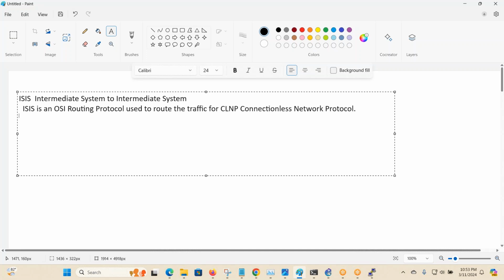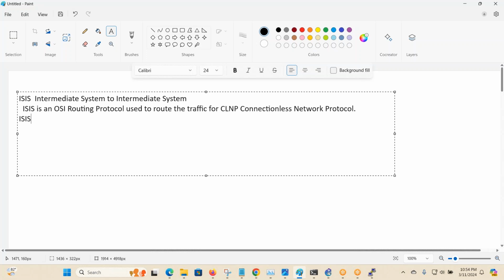So this is the flexibility of ISIS that we can modify. So basically in the updates, the routes are carried in the form of TLVs, type, length and value. So if we want to carry some new value, new value means some new address family, we have to develop only the TLV. So the ISIS core can be used to route the traffic for that as well.